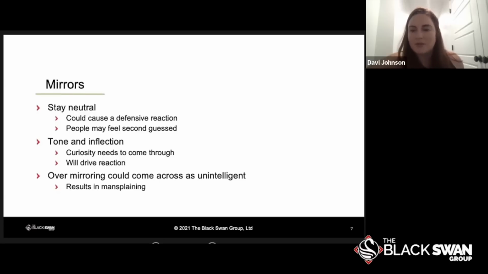But if I want to have a working relationship with this person, if it's going to be more beneficial for me in the long run, which most of the time it is, then I need to understand how to make this productive. And so calling out behavior rather than name calling is going to be the more productive route.